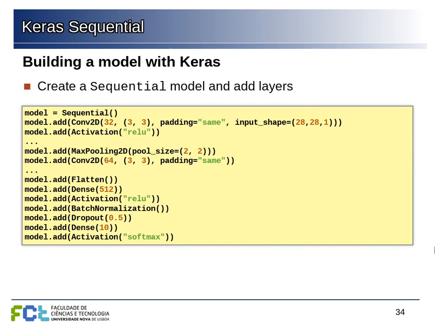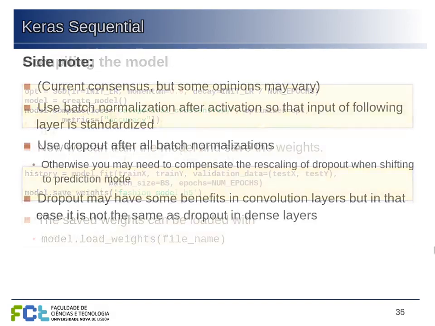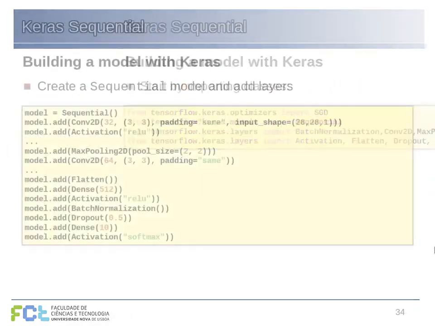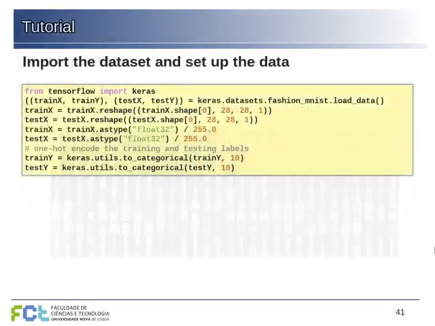The way you do this, you create a sequential model, and then you add one layer where you specify the shape of the input. The first layer needs the shape of the input so that Keras knows what the architecture will be. In this case, the input will be this Fashion MNIST example that we have here.